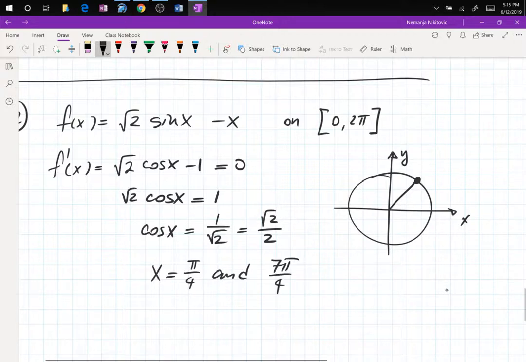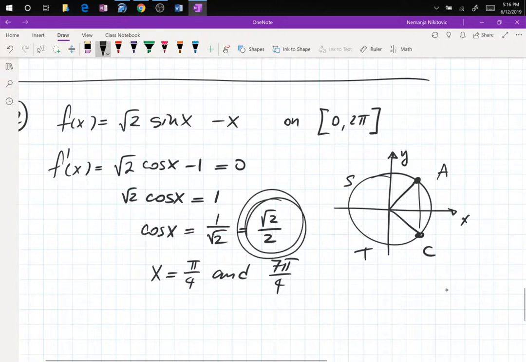And so all students take calculus, right? C for cosine, and these, all students take calculus, A, S, T, C, are all about where the positive numbers like root 2 over 2 would land. So cosine is positive in quadrants 1 and 4, which is why we have pi over 4 in the first quadrant and 7 pi over 4 to signify the fourth quadrant.